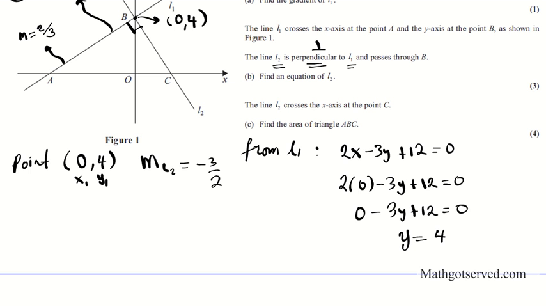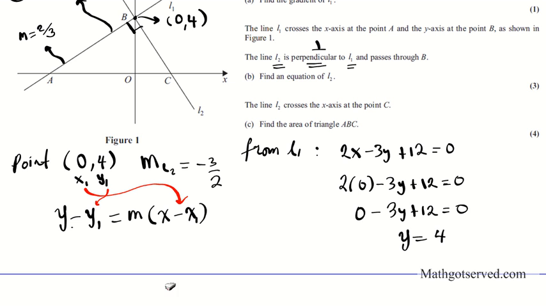The point-slope equation of a line is y minus y1 equals m times x minus x1. y1 is 4, so I'm going to plug that in here, and x1 is 0.